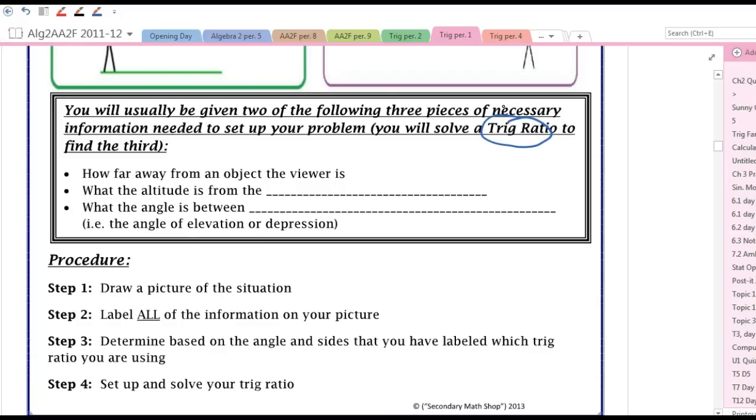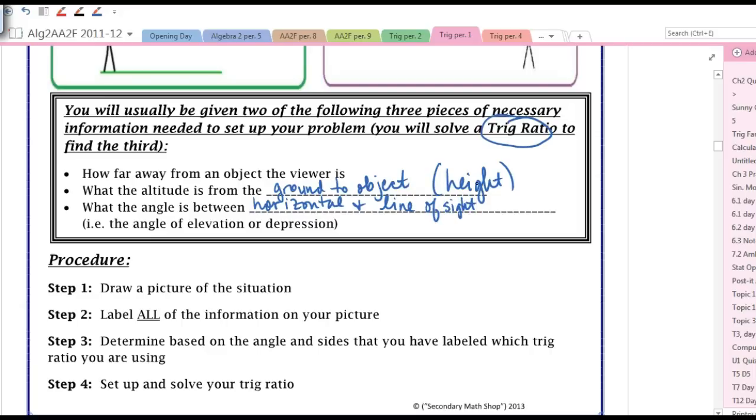Maybe we're going to tell you what the altitude is from the ground to the object, also known as the height. Or the angle between the horizontal and the line of sight, in other words, the angle of elevation or the angle of depression.